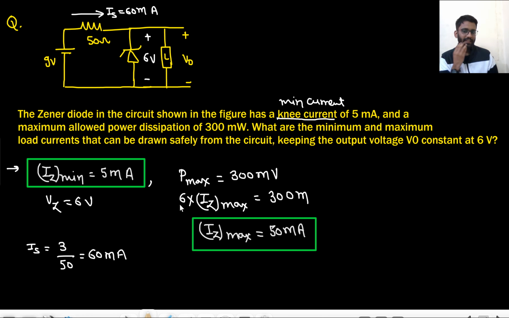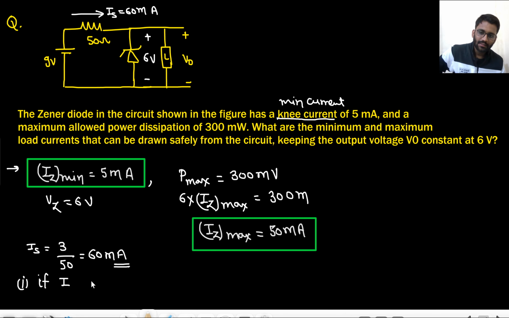Here your load is not fixed. They are asking what is the minimum and maximum load current that can be drawn safely. So IS is 60 milliampere. The first condition is that if IZ is minimum, that means IL will be maximum.